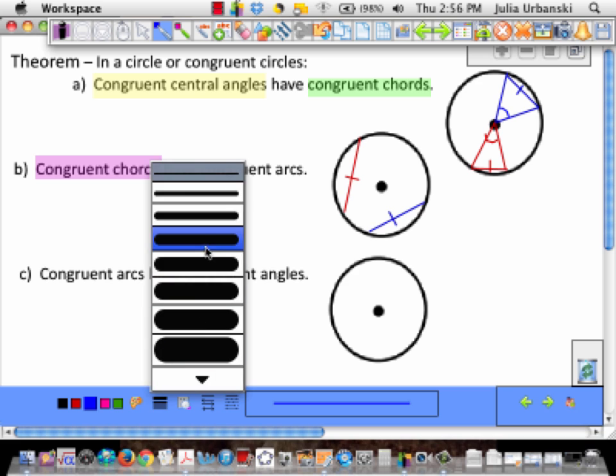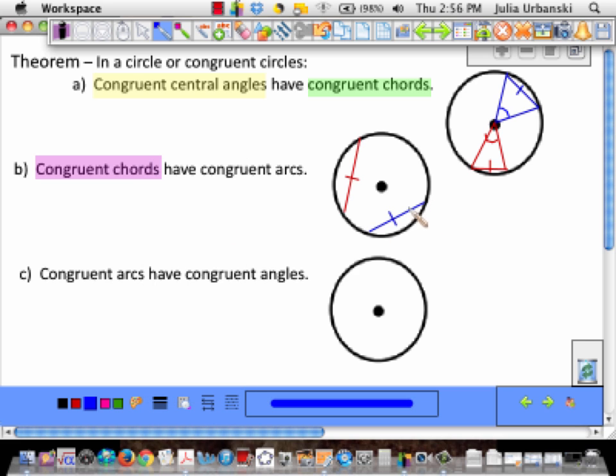So think about where the endpoints of that chord are, and that's going to be the endpoints of the arc. You can draw it from this endpoint over to this endpoint here. That arc right there is going to be congruent to this arc from one endpoint of the chord to the other endpoint of the chord.